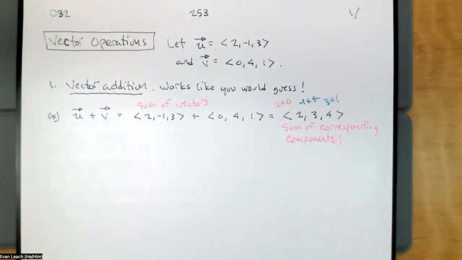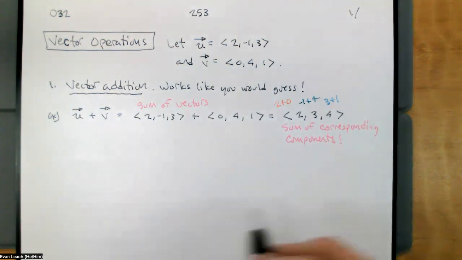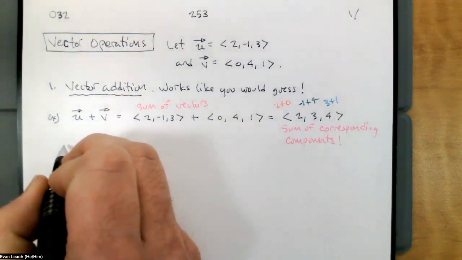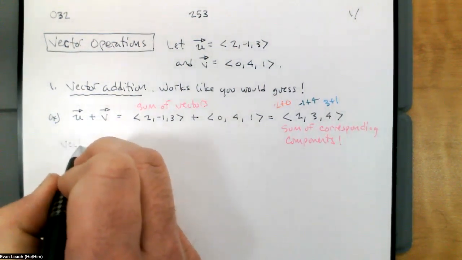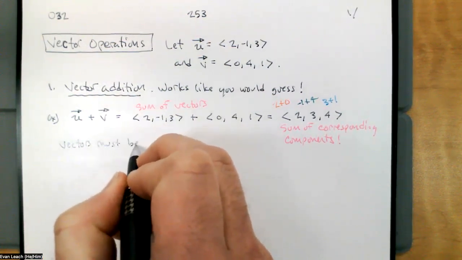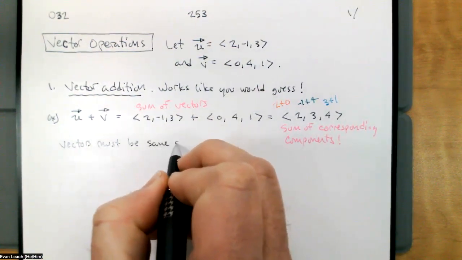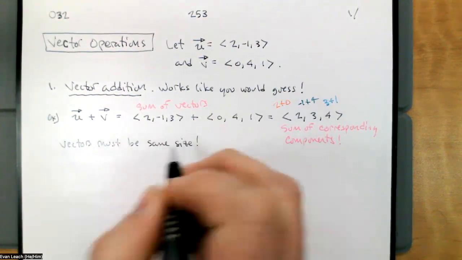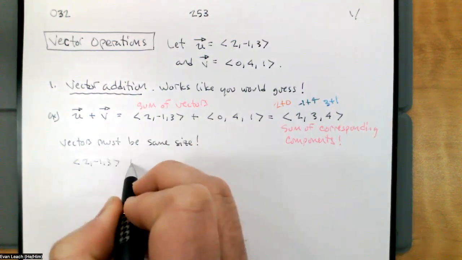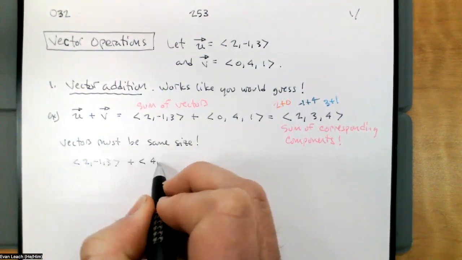If the vectors aren't the same size, you don't get to add them. It doesn't make sense to try to add them. So vectors must be the same size. So I couldn't take 2, -1, 3 and add it to 4, 5.